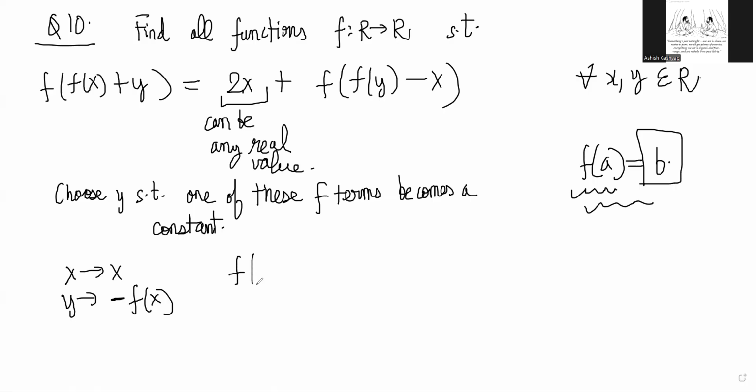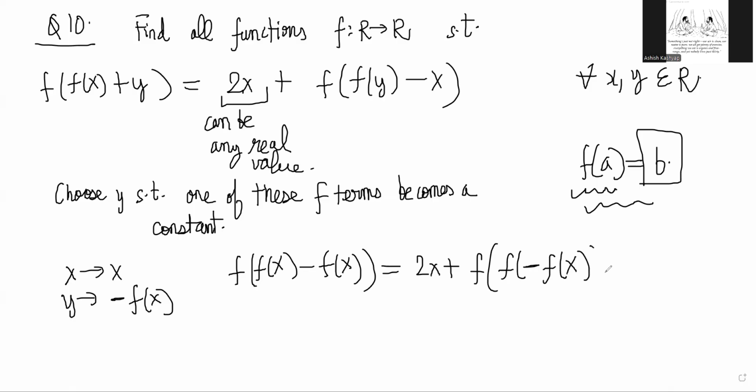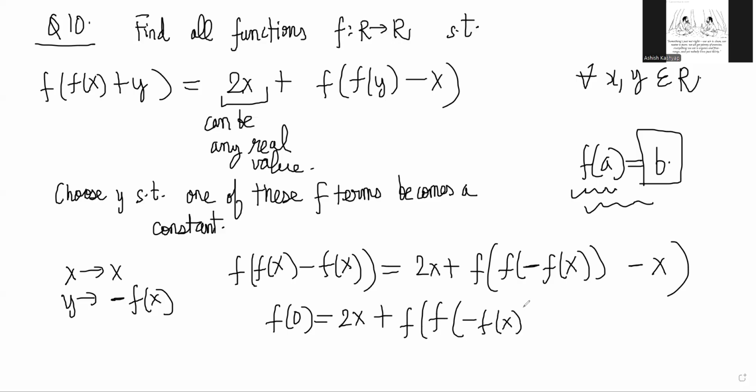So we get f of x minus f of x is equal to 2x plus f of minus f of x minus x, right? So this is the situation that we have. And now what we are getting is f of 0 is equal to 2x plus f of minus f of x minus x.